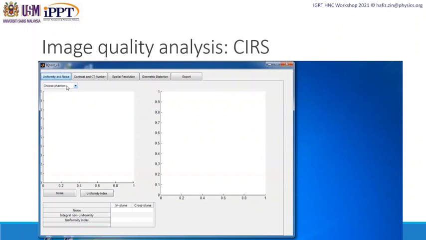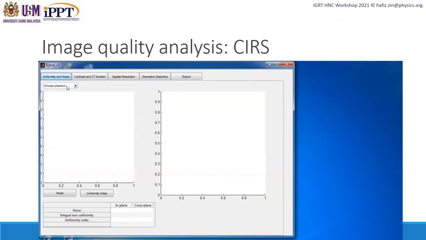So this video will show how we analyze the images we obtain from the CRS phantom using an in-house software that we developed in MATLAB environment. So we perform the analysis using a quantitative approach instead of looking at the images visually.